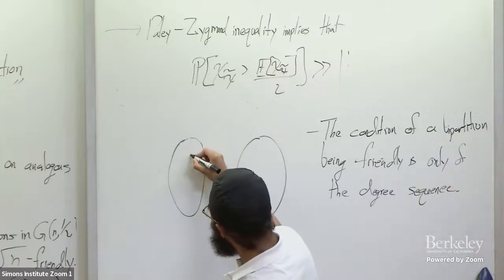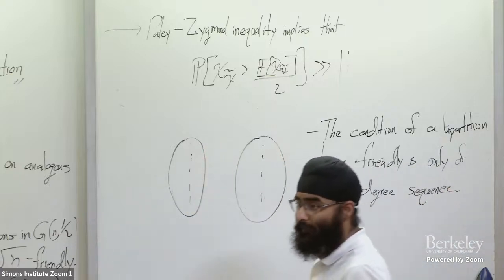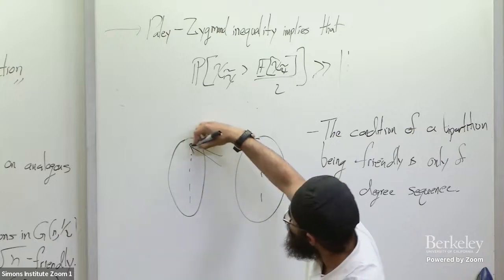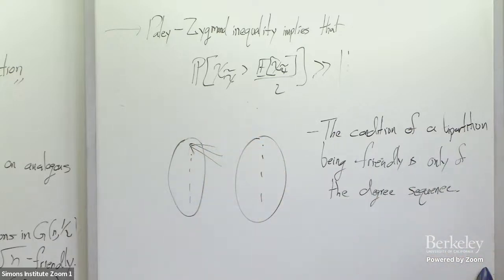So in particular, I can look at every vertex on each side and look at their degree into this part and to the other part. I can record that information and just count the number of graphs of that form.